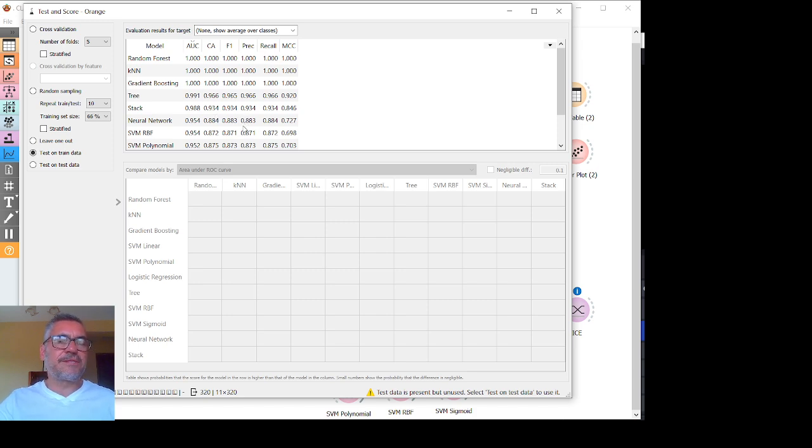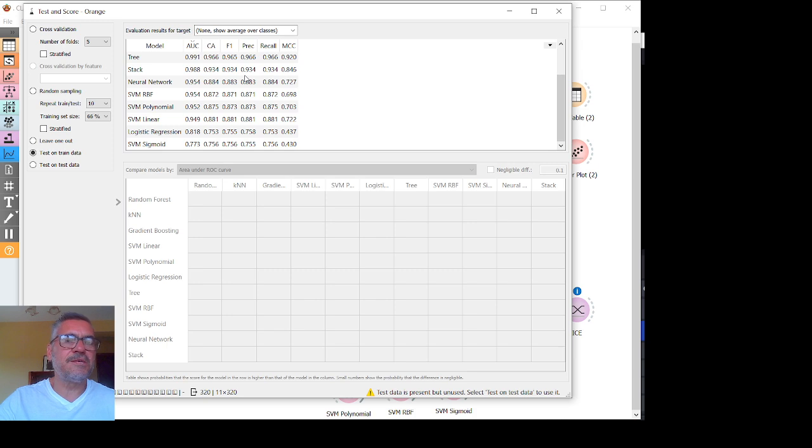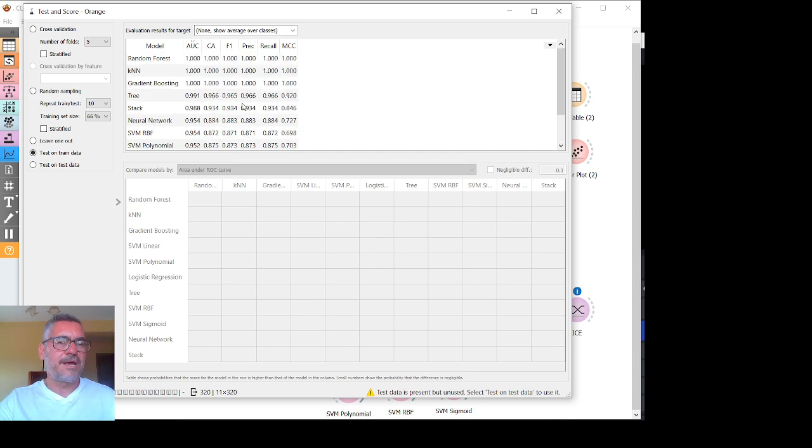Now, depending on the type of problem we have at hand, one or two of those forecast criteria may be more relevant. But in general, here you can see, you can select which model is the best, is the most efficient one in forecasting whether a customer is going to pay or not his or her credit card.